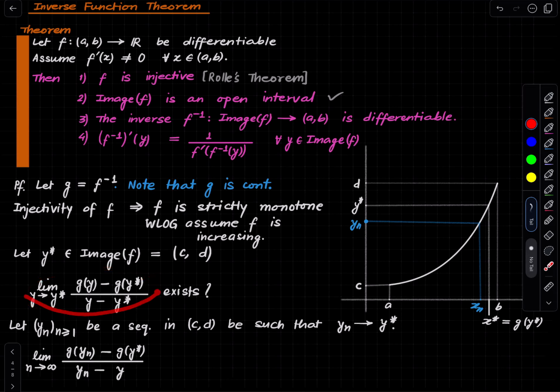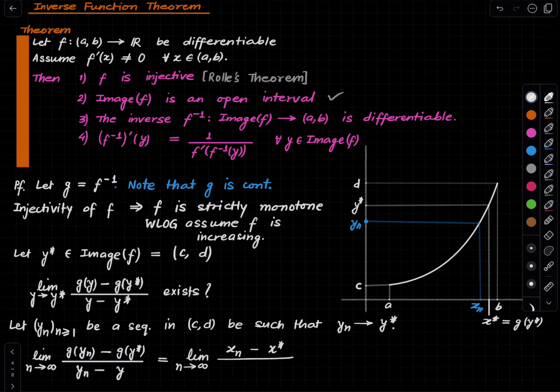So to understand the existence of this limit, we can just choose a sequence that converges to y star and plug that in here in place of y. So this is what we are interested in showing, that it exists. But what is it? This is equal to x_n minus x star divided by f of x_n. Sorry, this was a y star here.